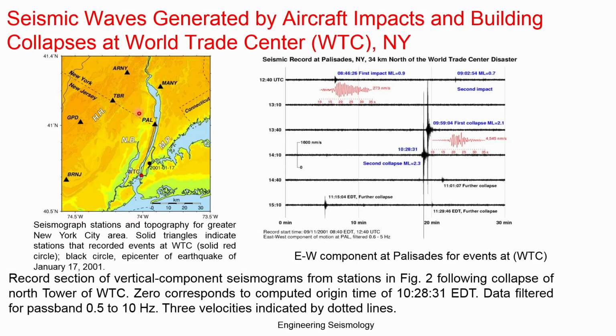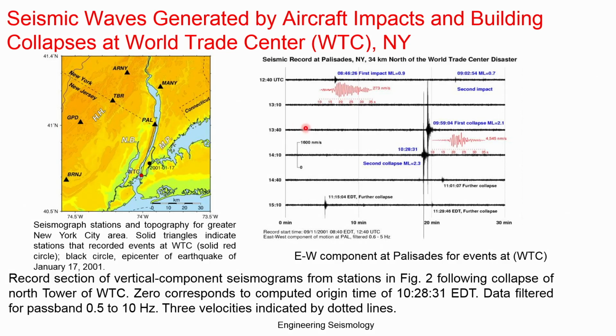You can see relatively more stations in a short distance, 0 to 30 kilometers. You have a good number of seismic stations within a 100 kilometer by 100 kilometer radius. Here the seismometers recorded the World Trade Center impact by the flight.